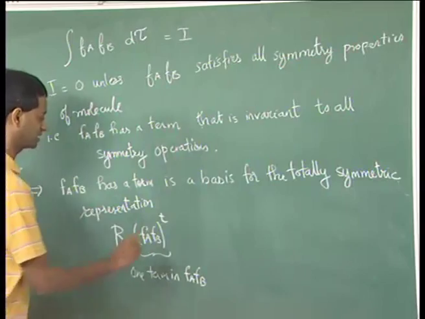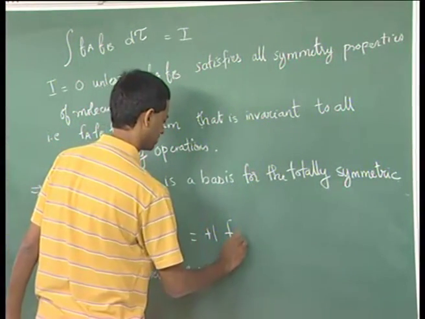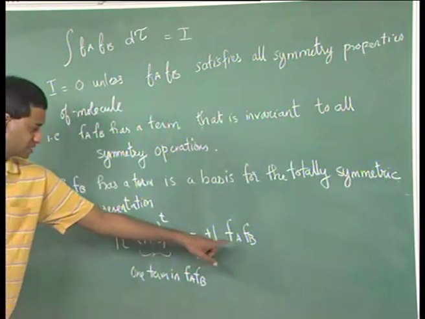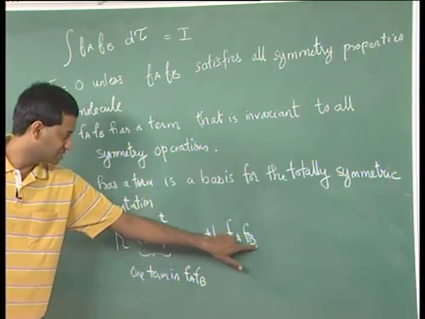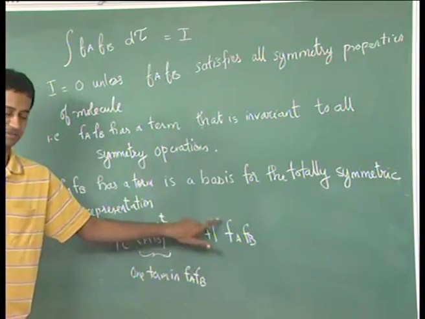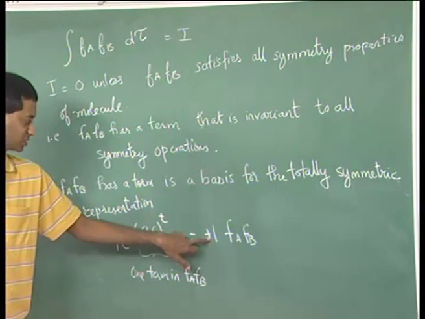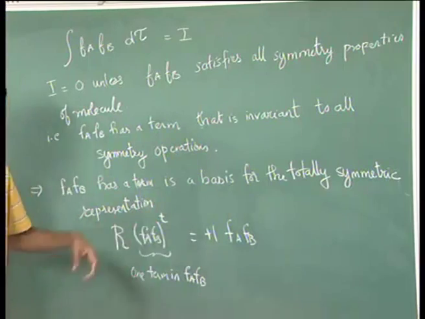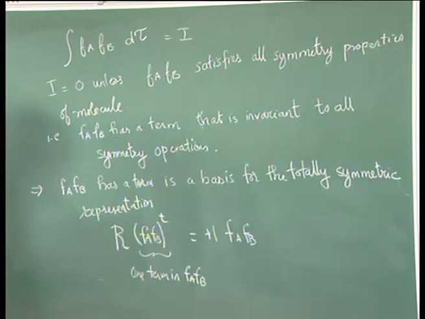If you operate it by R, then you get back plus 1 times (f_a f_b)_t. So f_a f_b is a basis for this totally symmetric representation. For any operation you get plus 1, so the character for every operation is just 1.